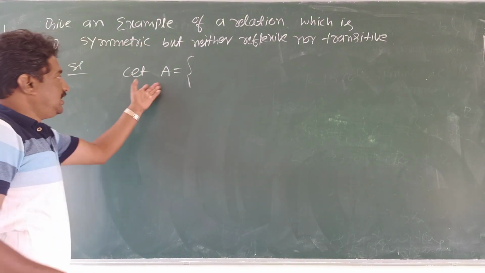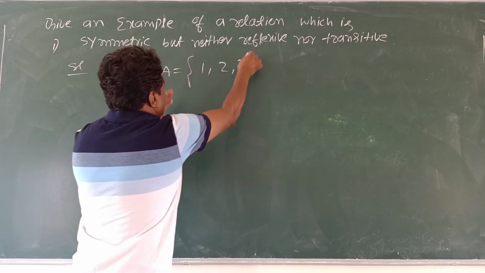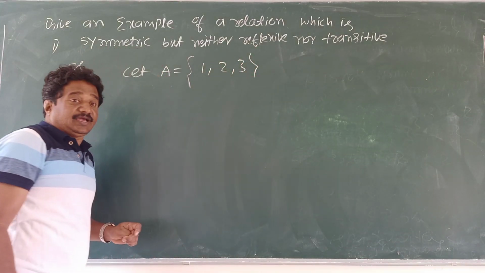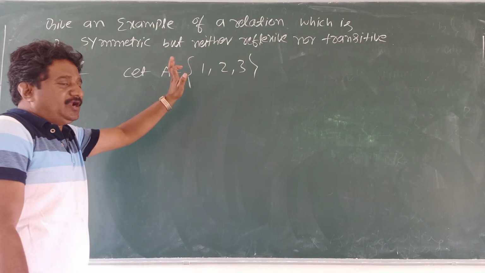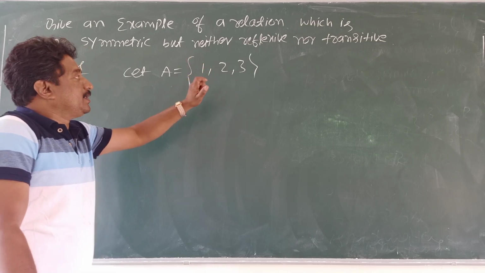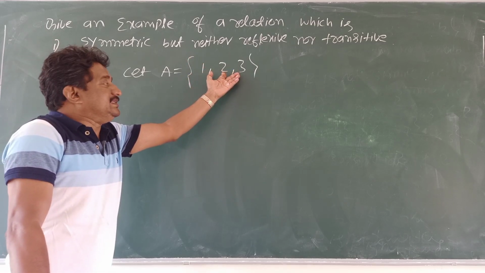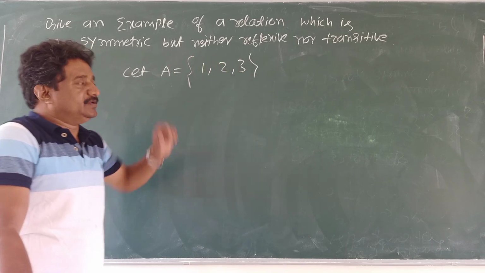Set A, I am taking set A as 1, 2, 3. I have taken a set containing 3 elements. You can go for taking 4, 2, whatever it is. You can even take this set as A, B, C or whatever you wish.